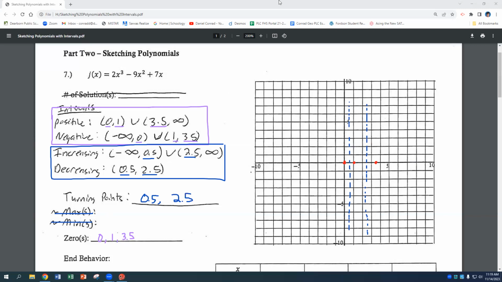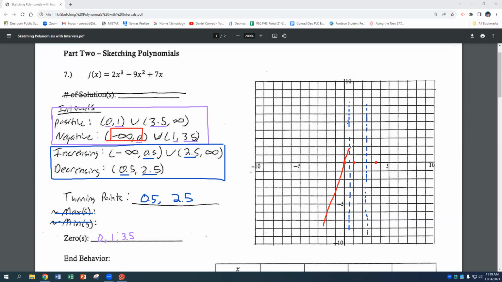When I draw this in, we start off negative, so we're going to start down here below the axis. We go up, up, up, through the x-intercept at 0, and I keep increasing until I hit this blue dashed line, my turning point.